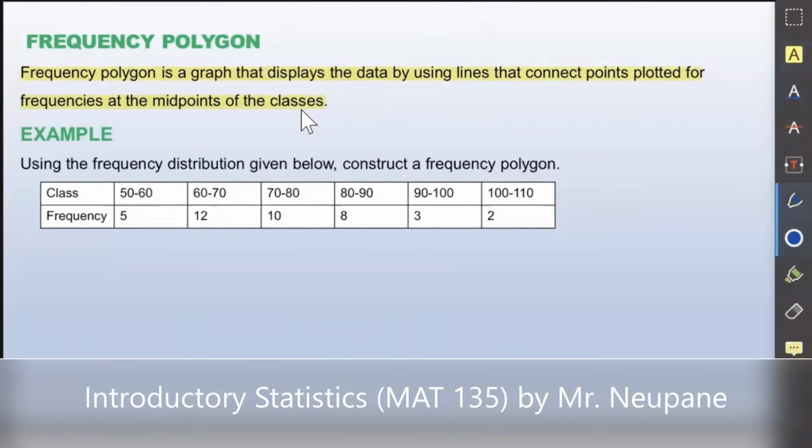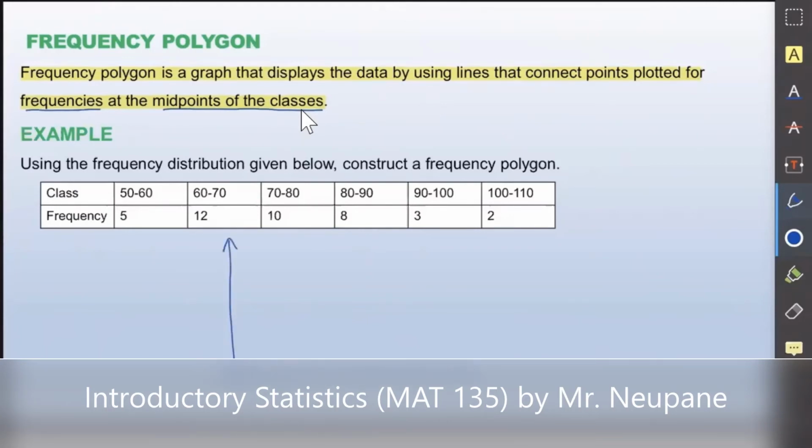So you can see here we are drawing a graph for the midpoint of the classes and frequency. The meaning of that is this. In order to draw the graph, we make the X and Y axes like this.